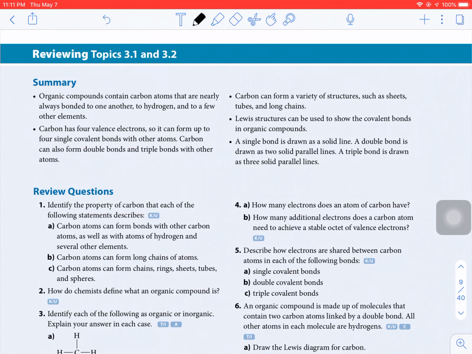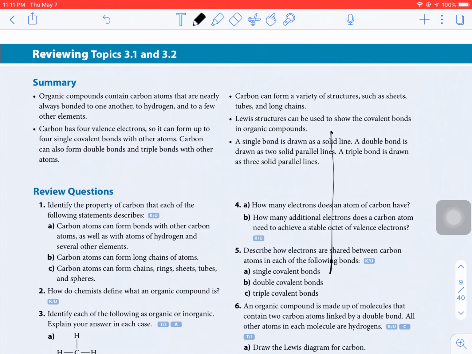It's 2 electrons, one contributed by each nonmetal atom. And it says carbon can form a variety of structures. We didn't get into that. It says Lewis structures can be drawn. We drew Lewis structures yesterday. And it says a single bond is usually drawn as a solid line or dash, a double bond as 2 solid parallel lines, and a triple bond as 3 solid parallel lines.